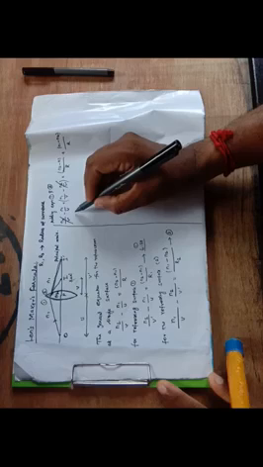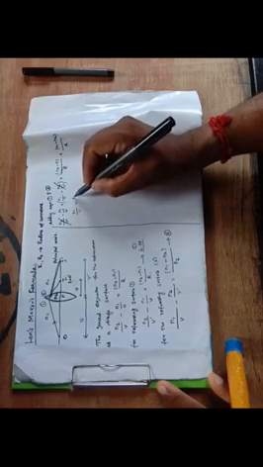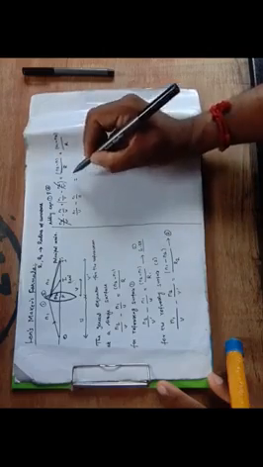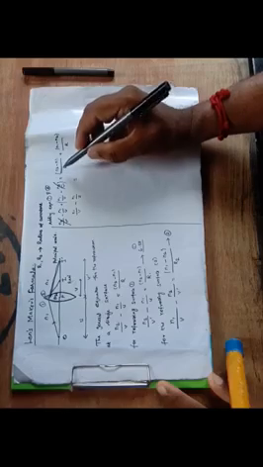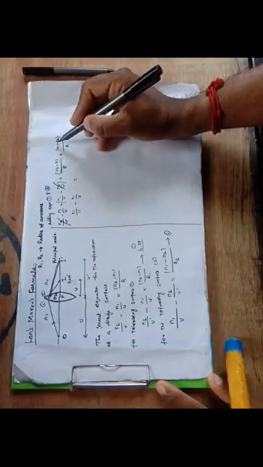So remaining is N1 divided by V, positive, minus N1 divided by U is equal to, here the values are N2 minus N1 divided by R and N1 minus N2 divided by R.